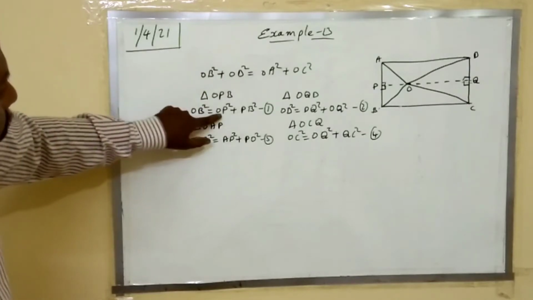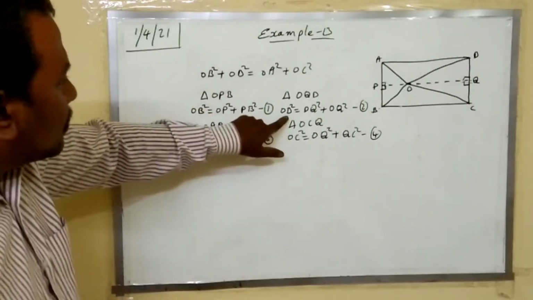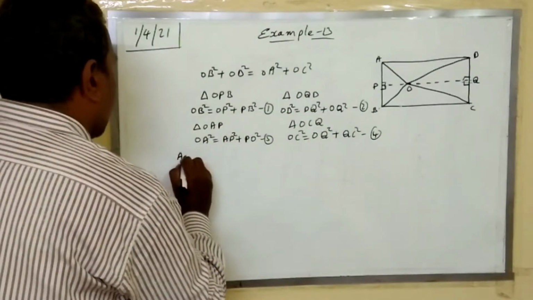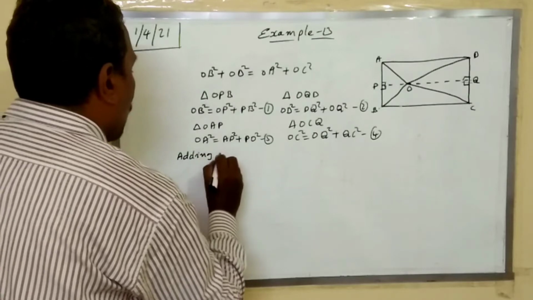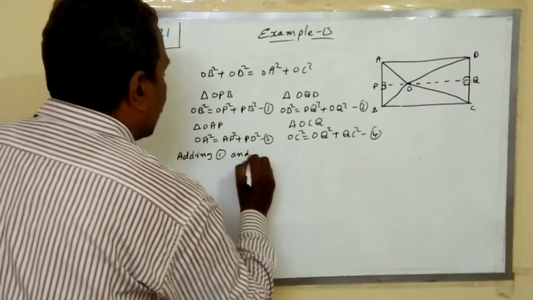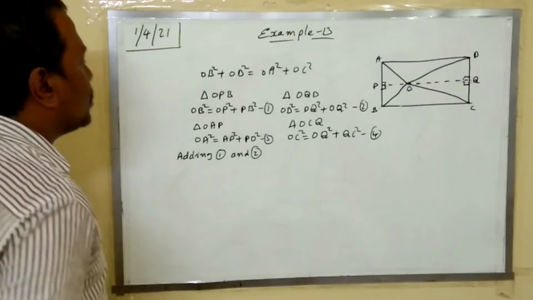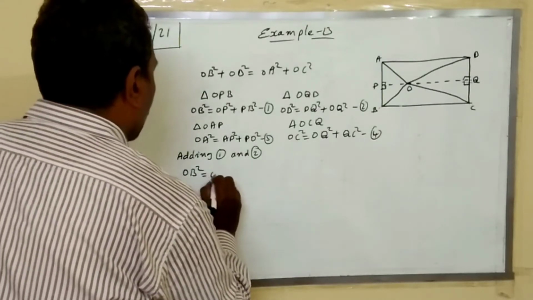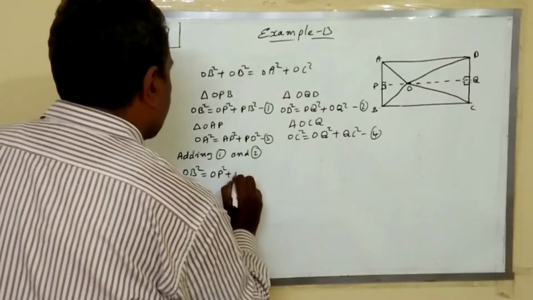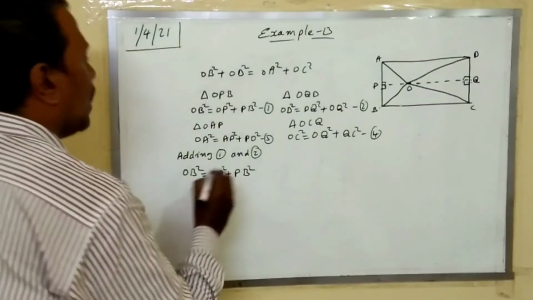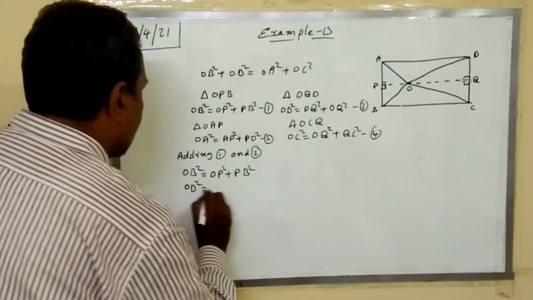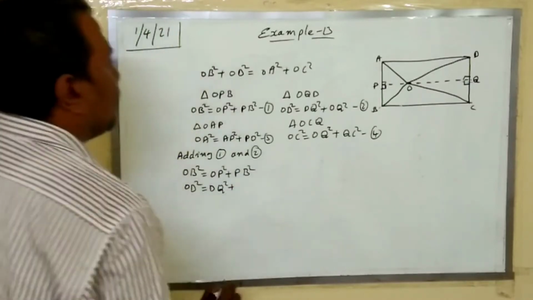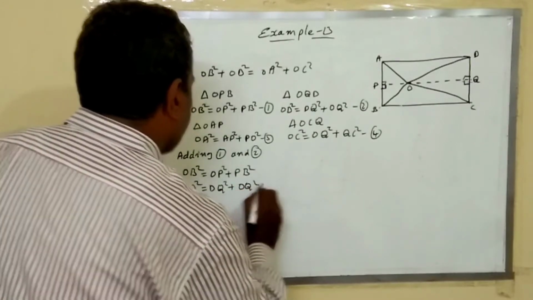OB square is equal to OP square plus PB square and OD square is equal to DQ square plus OQ square.